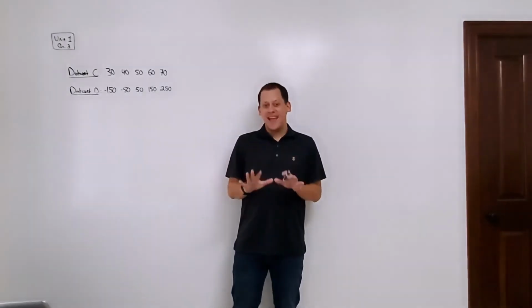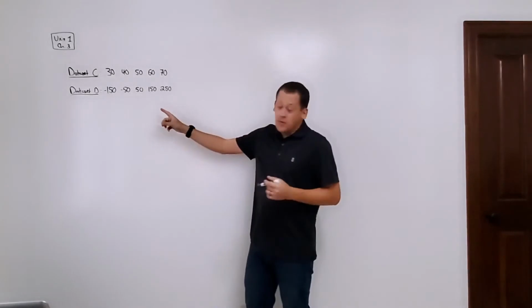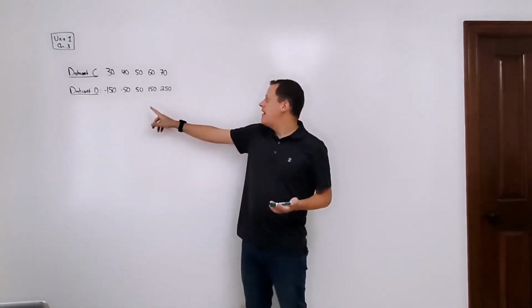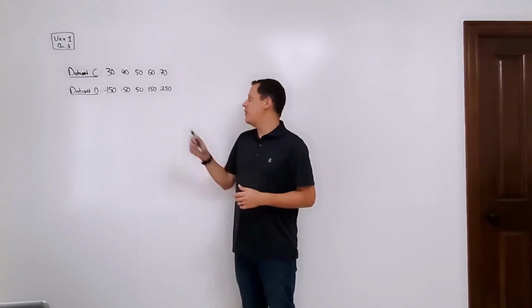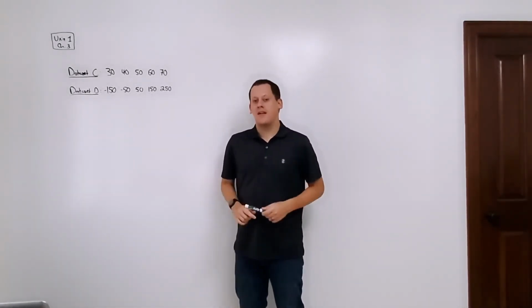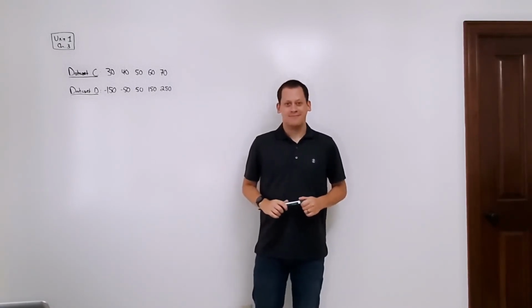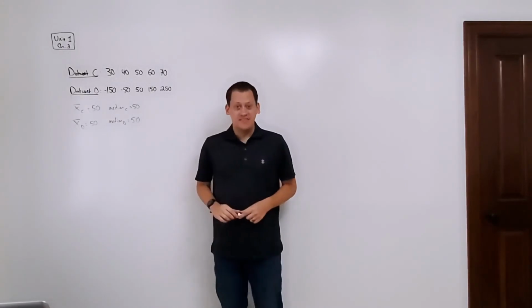Okay, so I said we'd get to something new, but I do want to start with two new data sets, but I want you to think about what the mean and median are for both data sets. Go ahead and calculate those real quick. Pause the video. Come back when you're ready. Did you come up with these? They're all 50.